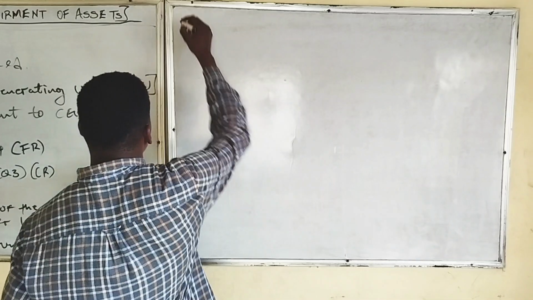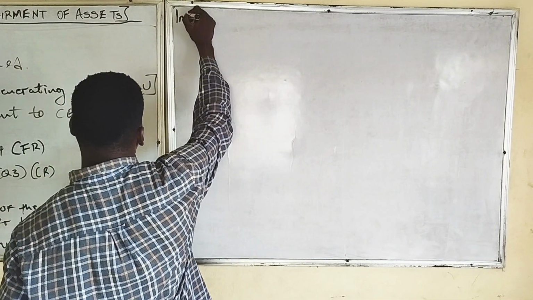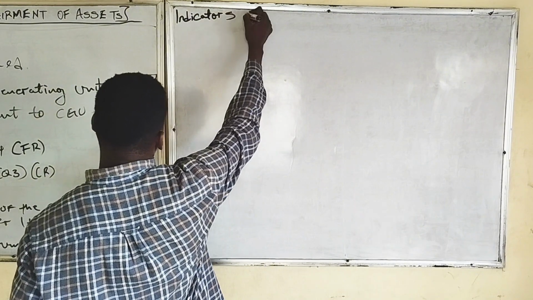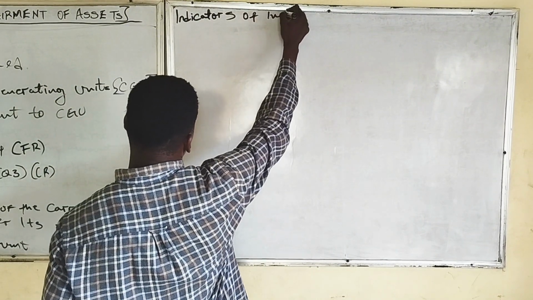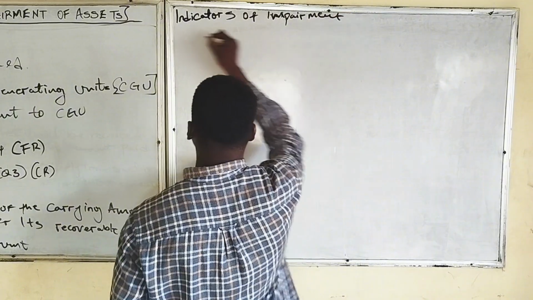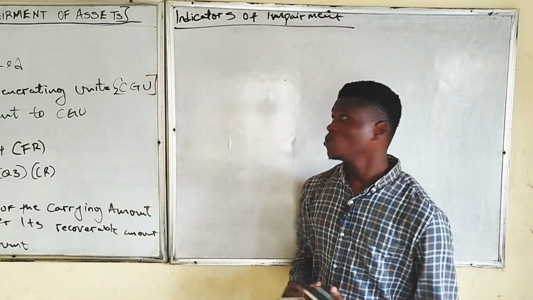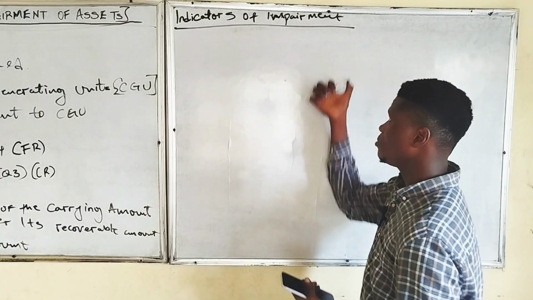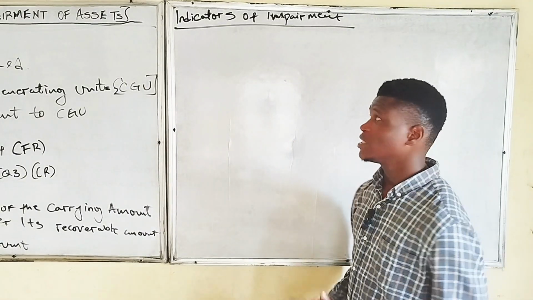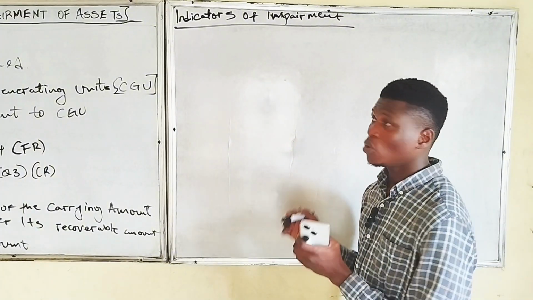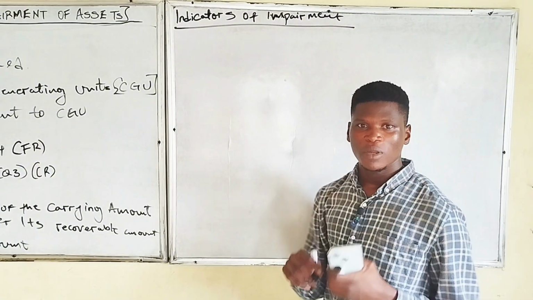So the next thing we have is the indicators. Indicators of impairment. Indicators are those things that cause impairment. Like, how do we know that our assets may actually suffer impairment, or there may be an impairment loss on our asset?